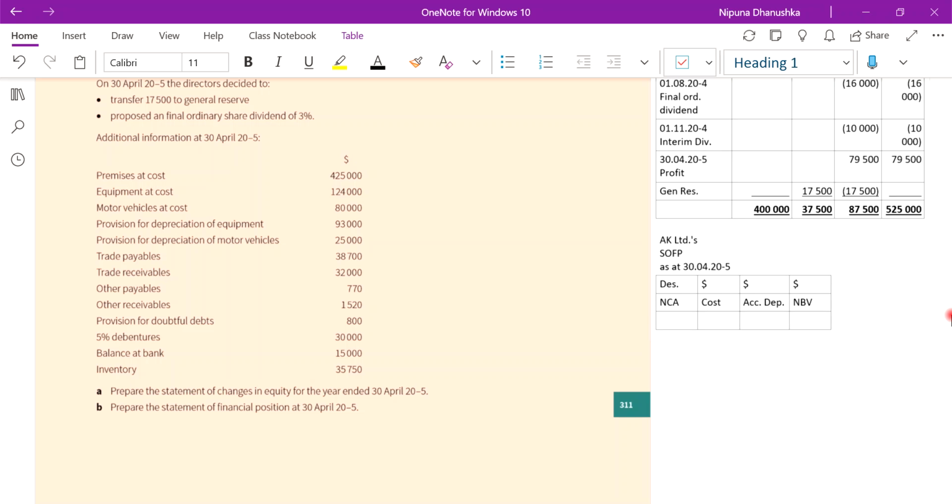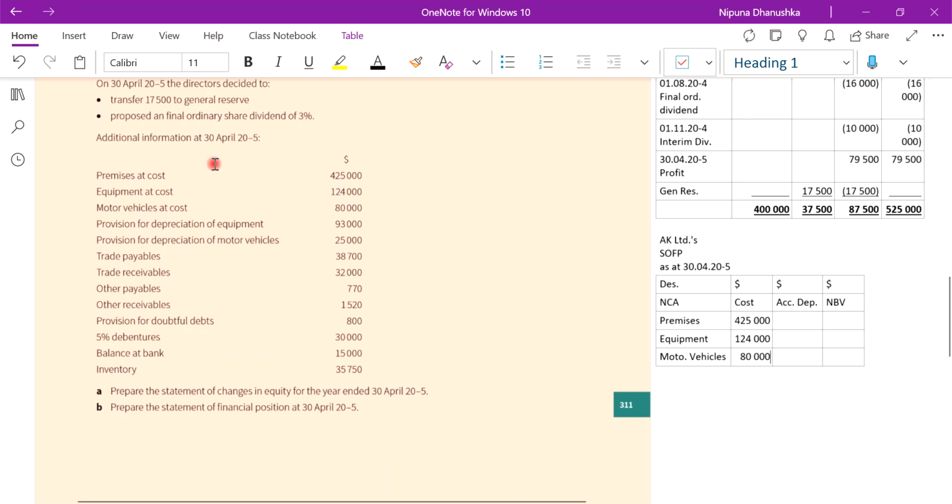Before that, let me arrange the alignment of the numbers. Non-current assets, starting with premises at cost, 425,000, and then equipment at cost 124,000, and then motor vehicles 80,000.